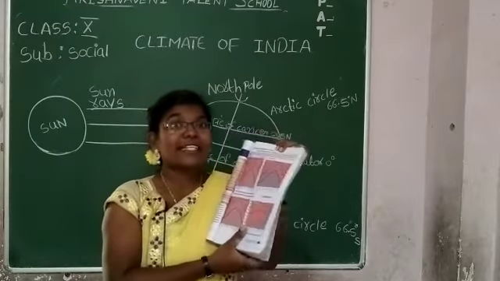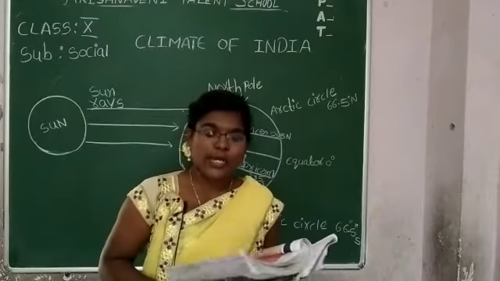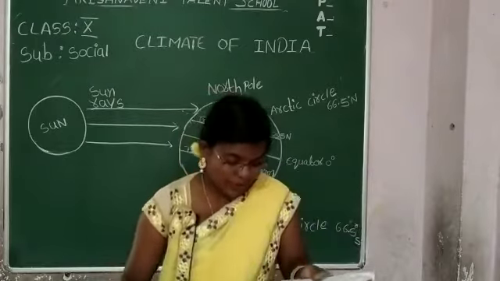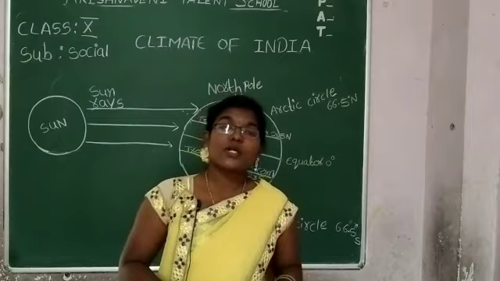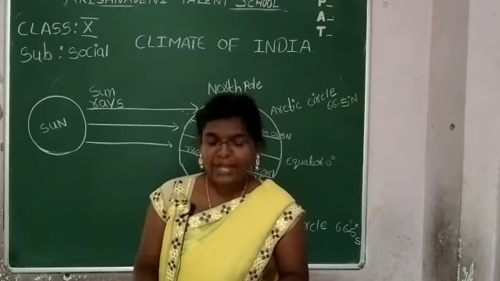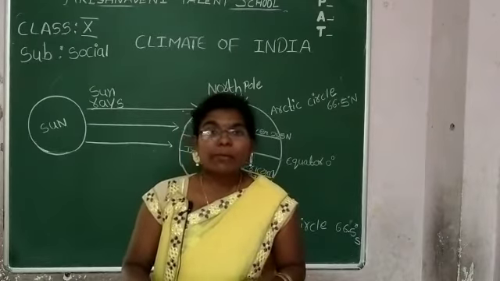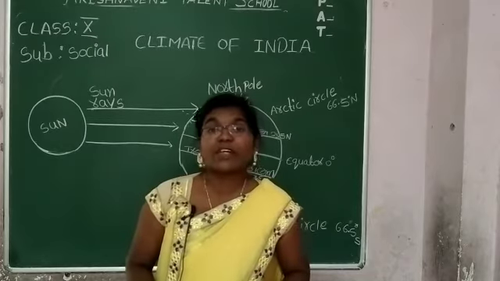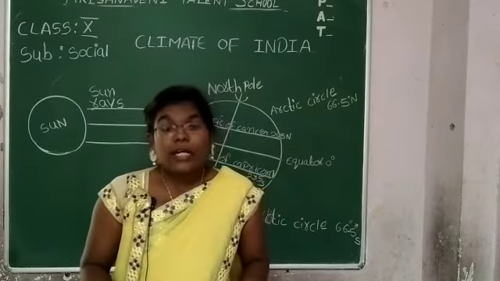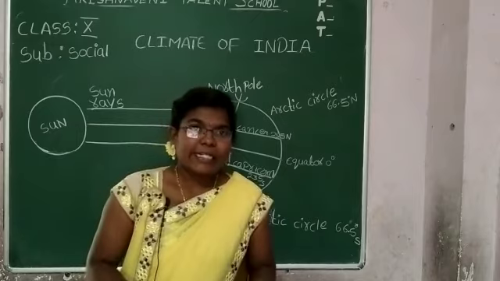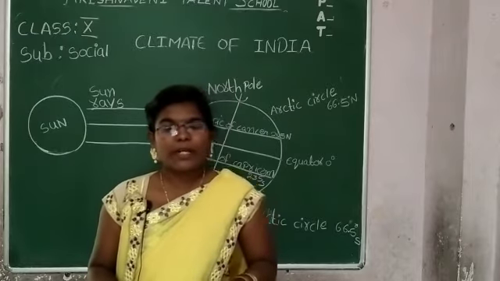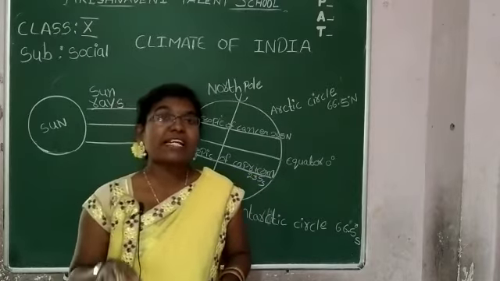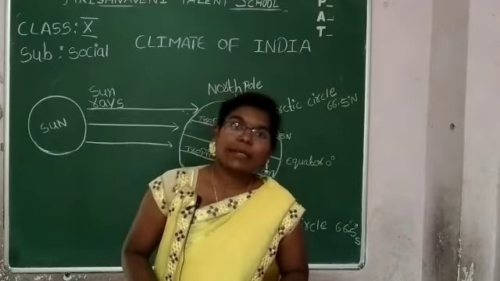This we call climographs. A climograph shows the average monthly values of maximum and minimum temperature and rainfall for a given year of an area.